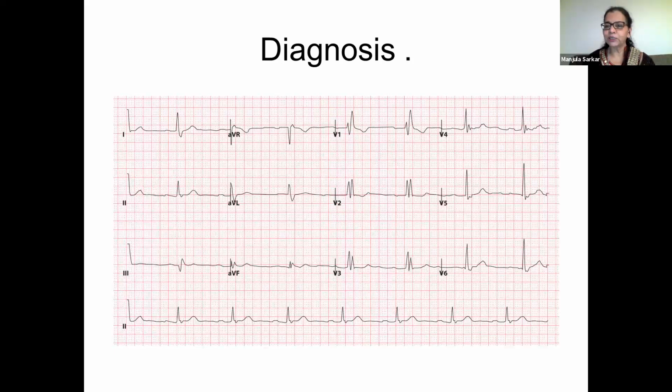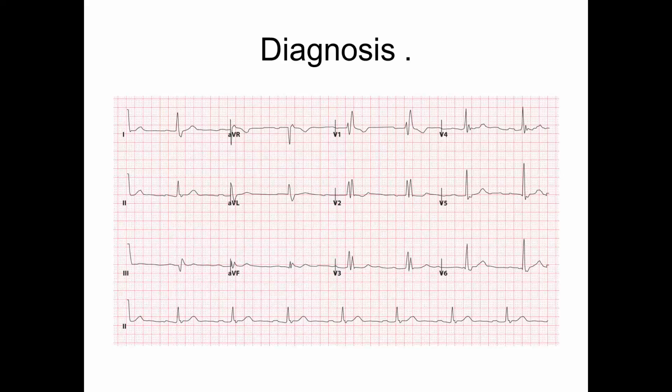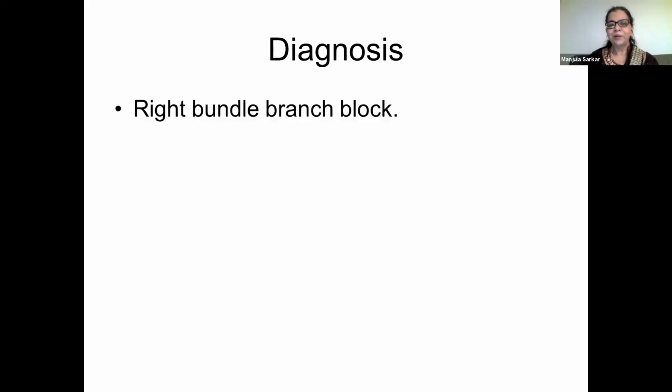Pathological and physiological. Pathological are right ventricular hypertrophy. Most of the time, right bundle branch block.